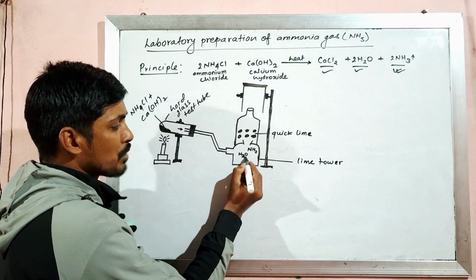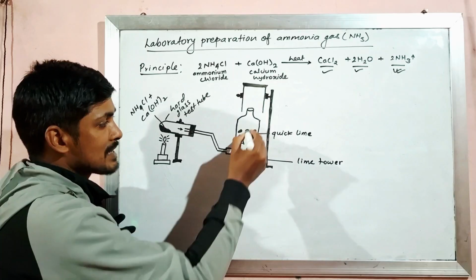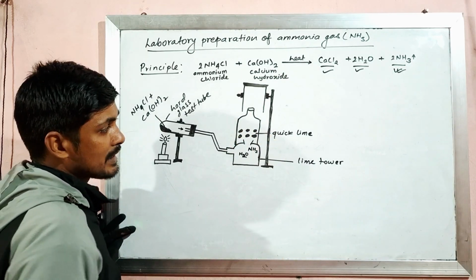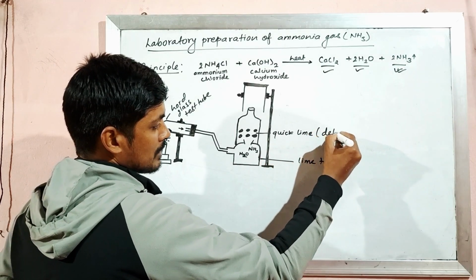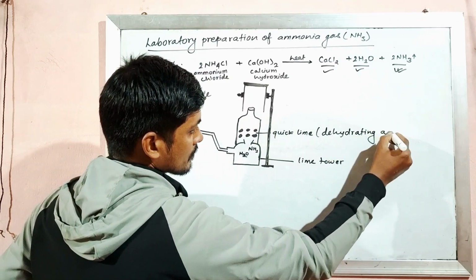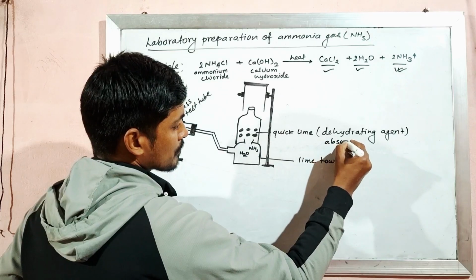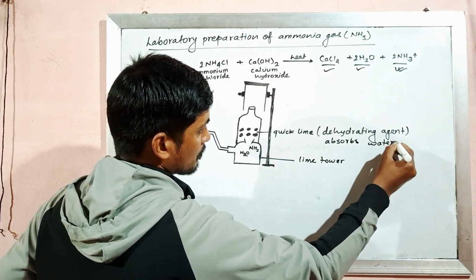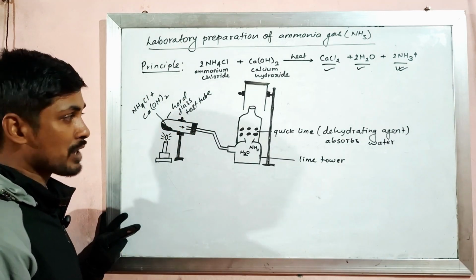Then to stop this water vapor, we use quicklime in the lime tower. Since there is quicklime, this quicklime absorbs all the water. It acts as a dehydrating agent. Dehydrating agent means it absorbs water from this ammonia gas so that the ammonia gas becomes pure and dry.